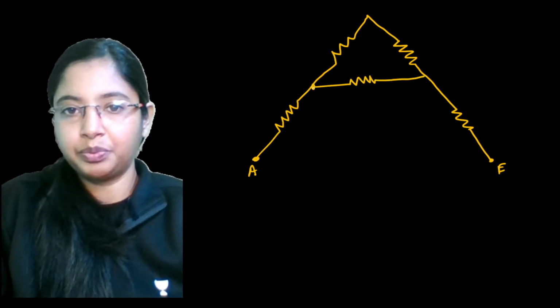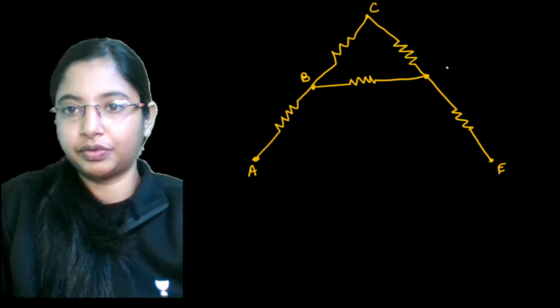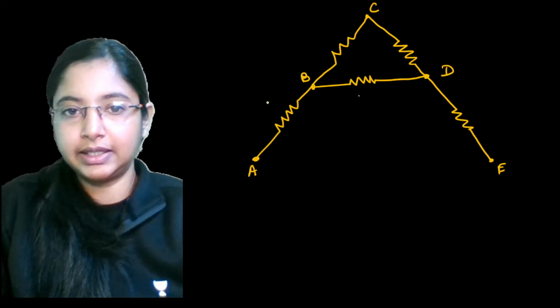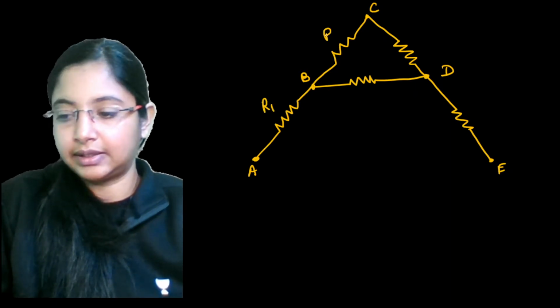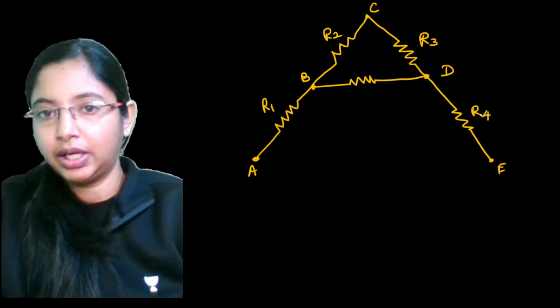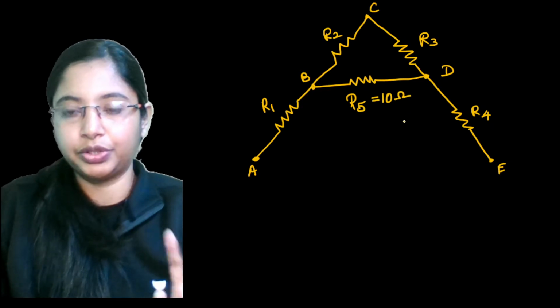Let's say this point over here is B, this is C, and this is D. This resistor is R1, R2, R3, R4 and R5, and let's say R5 has a resistance value of 10 ohms.